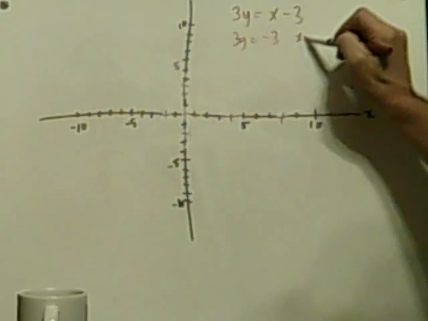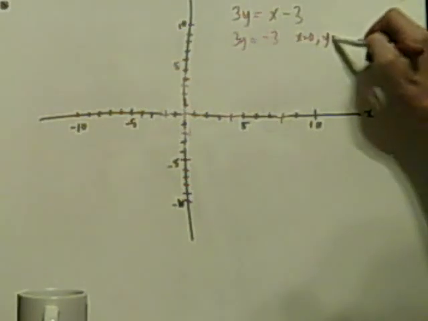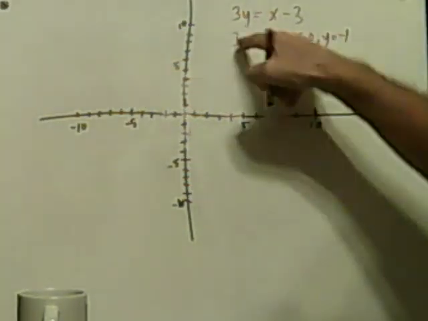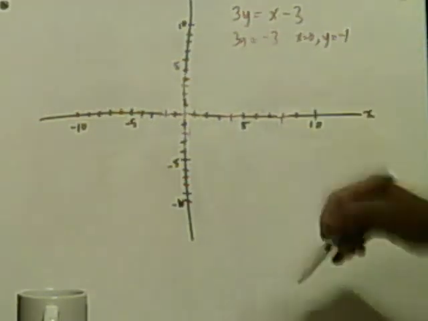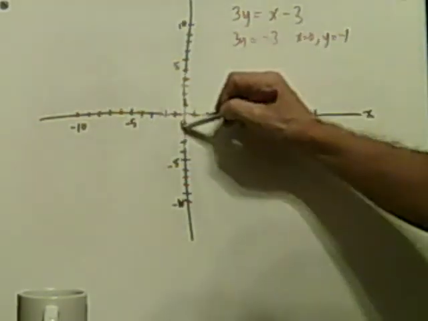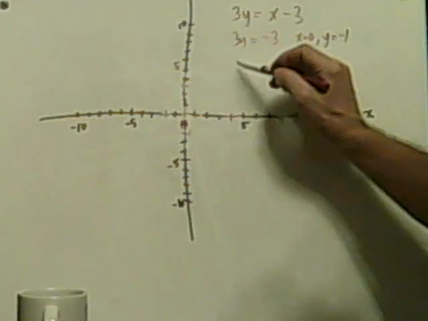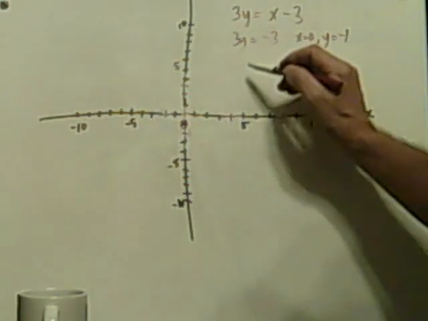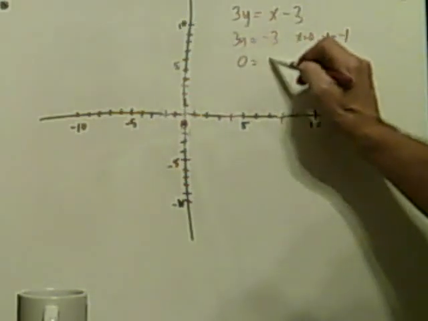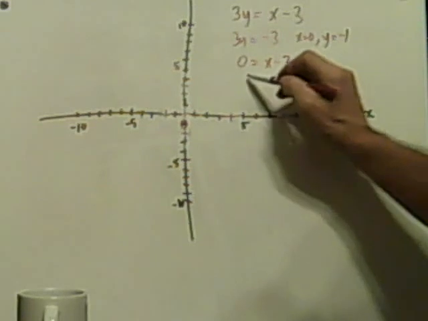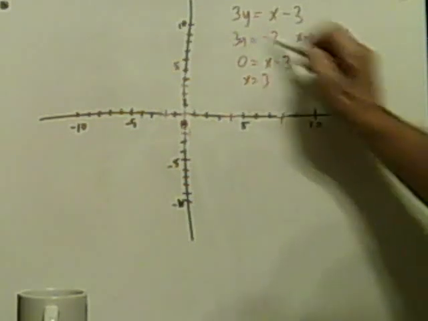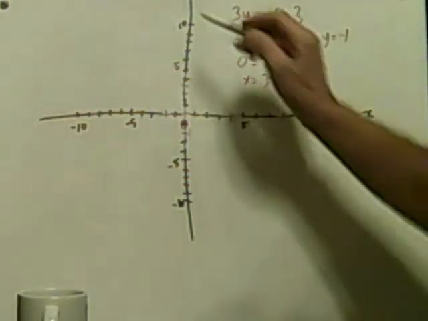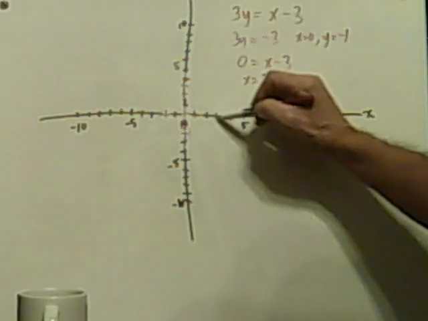And so y is going to be negative 1. 3 times negative 1 is negative 3. x equals 0, y is negative 1. That's this point right here. And then if we put y equal to 0, we'll have 0 is equal to x minus 3, or x is equal to 3 by moving the 3 to the other side. So when y equals 0, x is 3. That's this point here.